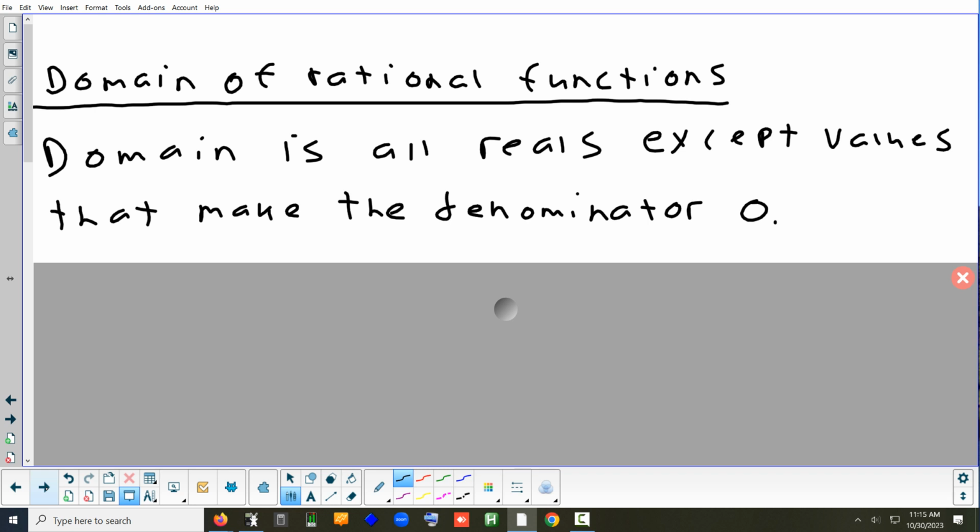So the domain of a rational function is every number except numbers that would cause you to divide by 0. So it's all reals except any number that would cause you to divide by 0.